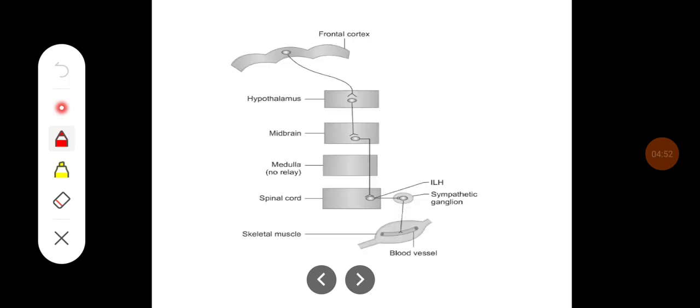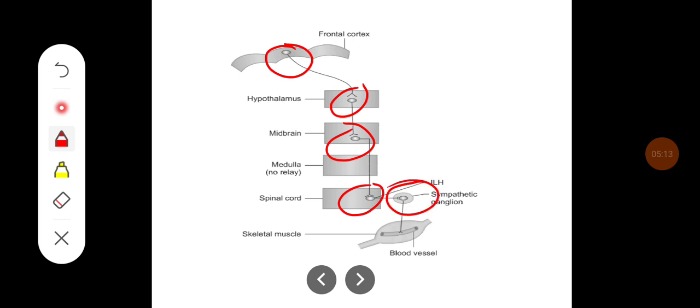And this diagram shows the sympathetic cholinergic system, where the fibers arise from the frontal cortex and then come to the hypothalamus and medulla. Without relaying in the medullary regulating center, they directly come to the spinal cord, where they go to the sympathetic ganglion. Then these cholinergic fibers innervate the blood vessels, which basically leads to vasodilatation.